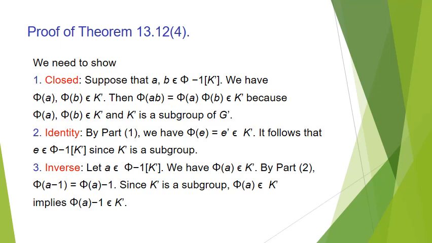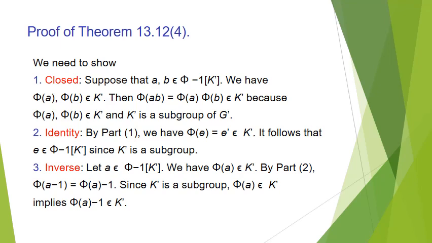Second, let's prove that it has an identity. By part 1, we have P(e) is equal to e prime, which is an element of K prime. It follows that e is an element of P inverse of K prime, since K prime is a subgroup. So it is proved that it has the identity. Third, let's prove that it has an inverse.